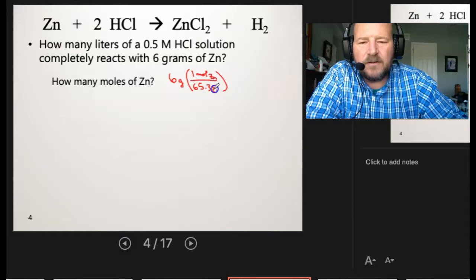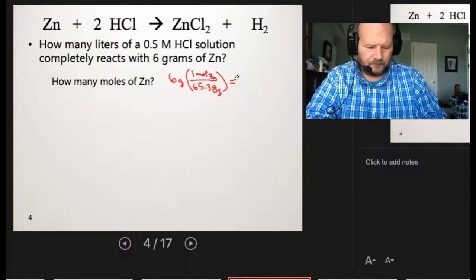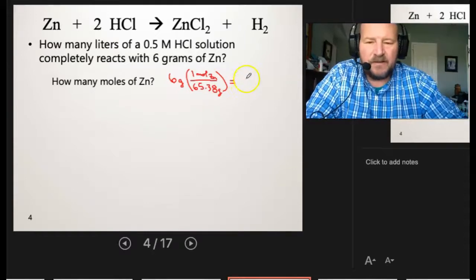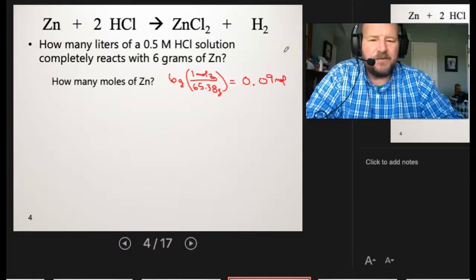So we've got 6 divided by 65.38. That gives us 0.09 moles of zinc.